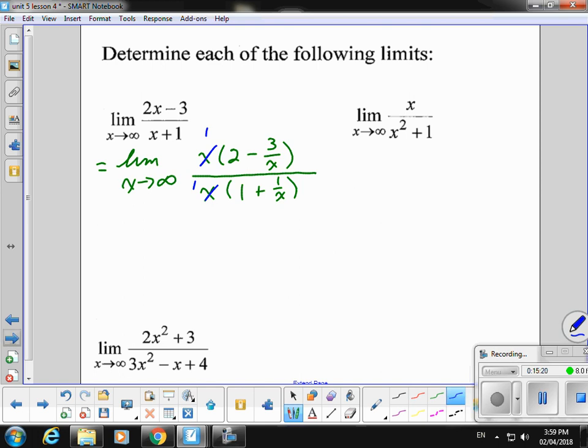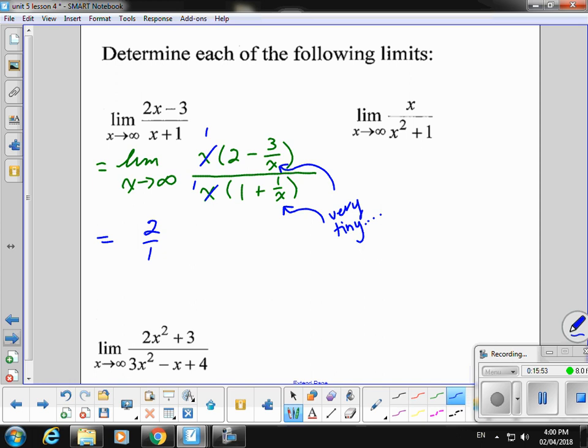As x gets really, really large, this fraction gets really, really small. 3 divided by huge gets really close to 0. Same with this one. So these fractions get very tiny and approach 0. As x approaches infinity, those fractions approach 0, and we are left with 2 over 1.